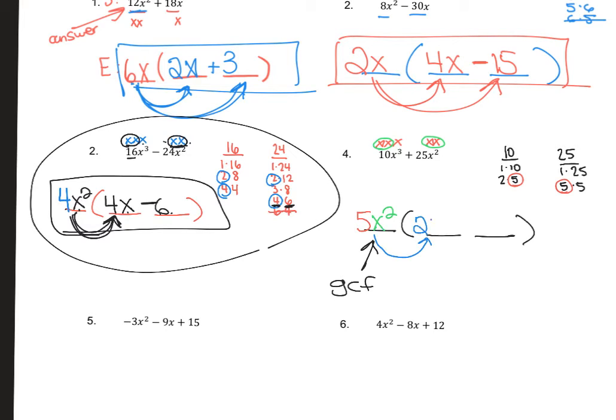A 2 and an x. I need a plus in the middle. 5 times 5 will get me back to 25. There it was. And there was my 2, right? So I see both of those. And then I have x squared. I want x squared, so I need nothing right here. So there is my answer.